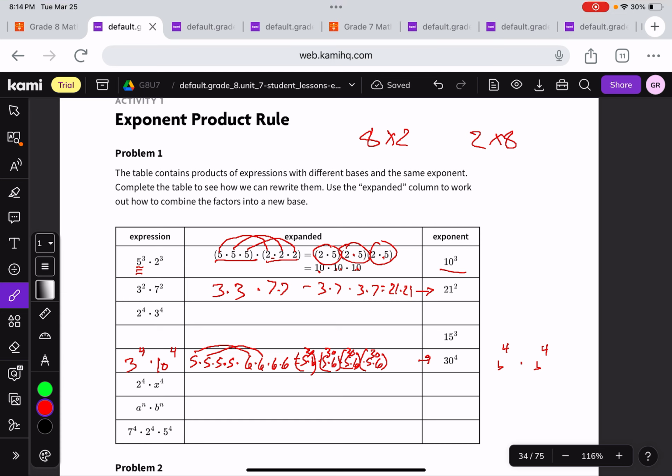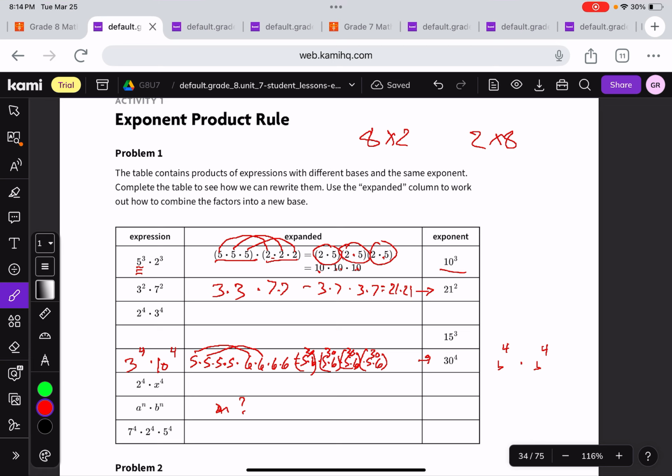Let's see here. See how you did. Let's look at this: a to the n times b to the n. Well, in expanded form there's not really anything to write, because we don't know how many times we have to write it, do we?